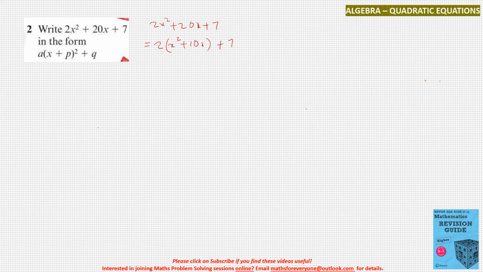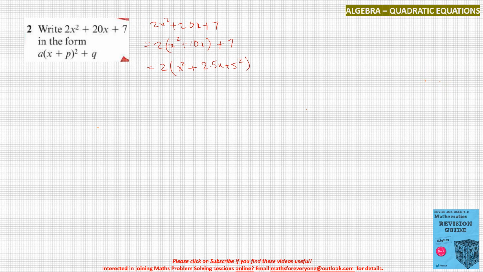Now this I have to write in the form x plus b whole square. So I can do that by writing x squared is x times x plus 2 times 5x, that will give 10x. So if I write 5x, I need to have a 5 squared.